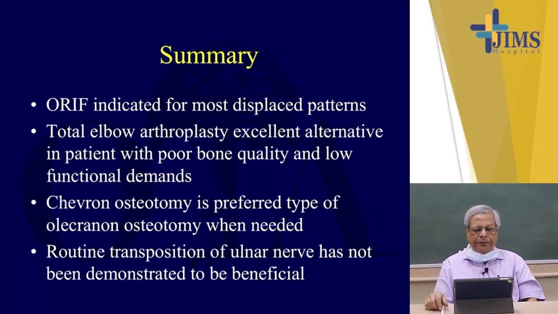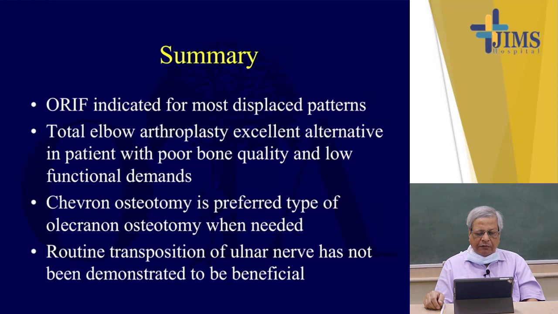So, in summary, open reduction internal fixation is indicated for most displaced patterns. Total elbow arthroplasty is an excellent alternative in elderly patients with poor bone quality, low functional demands, that is, who are not going to lift heavy weight, and with grossly comminuted fractures with small bone chips.